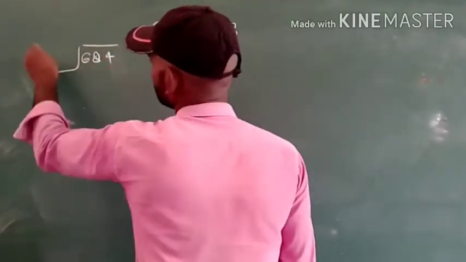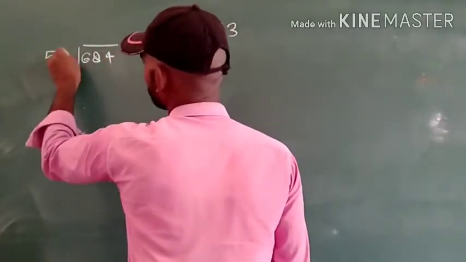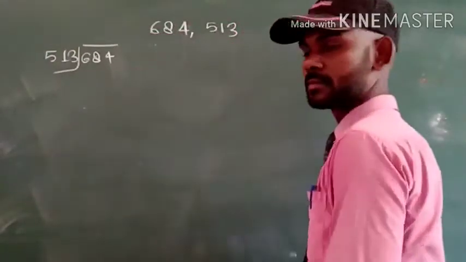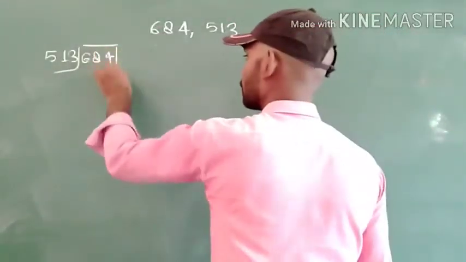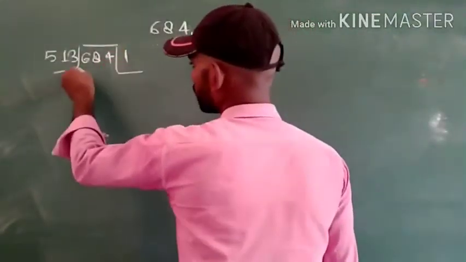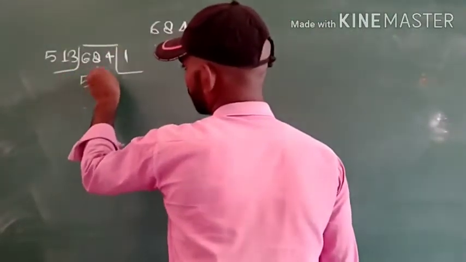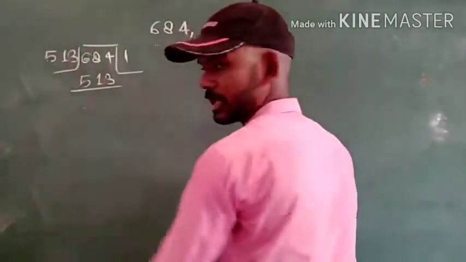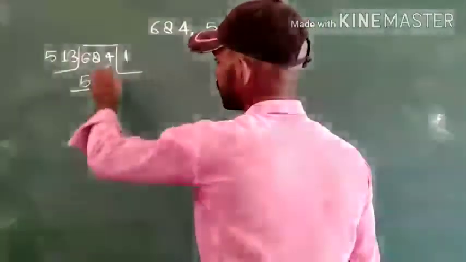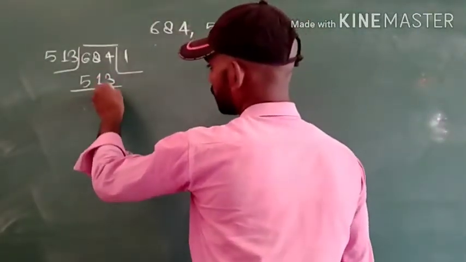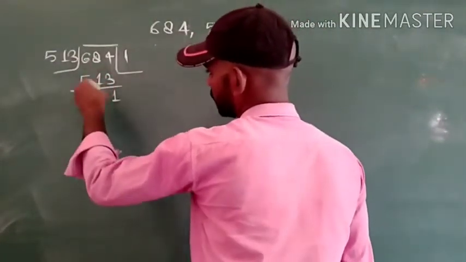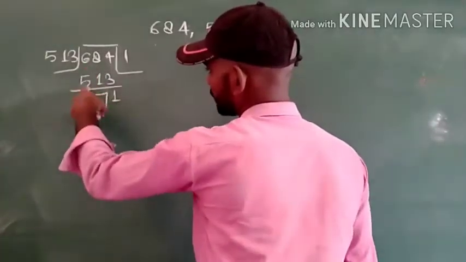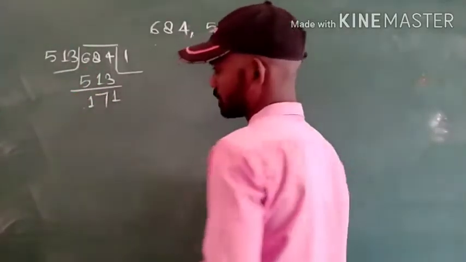684 which is divided by 513. Okay, now we divide it, we get 1 time 513. Now subtract it. When we subtract, we get 4 minus 3 is 1, 8 minus 1 is 7, 6 minus 5 is 1, so 171.